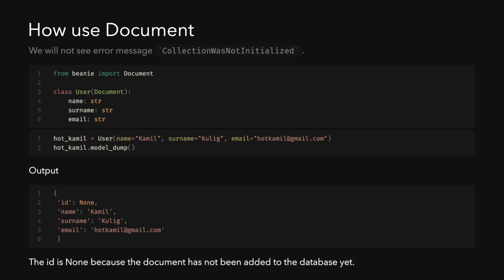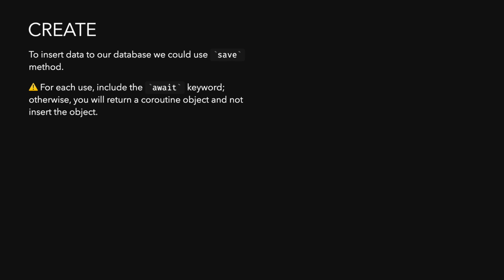And to do it, we need to create something in the database. To do it, we will use the save method. And remember, when we use async methods, we need to use await. Remember about that.